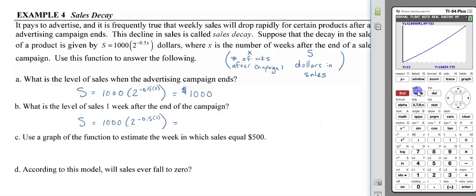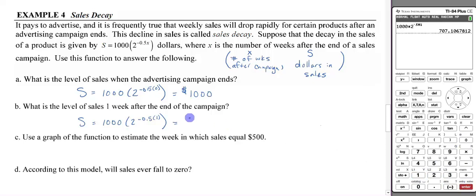And we can put that into the calculator. 1,000 times 2 with an exponent of negative 0.5 times 1. And we have a sale level of $707.11.